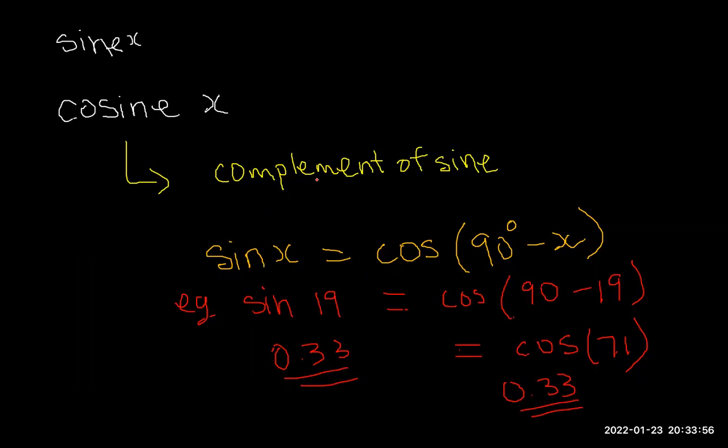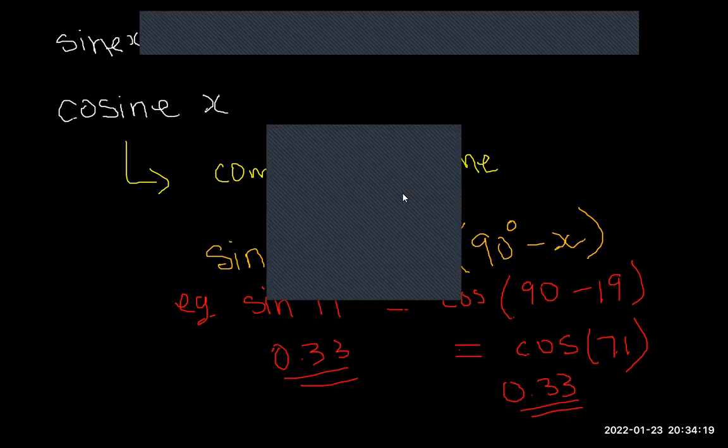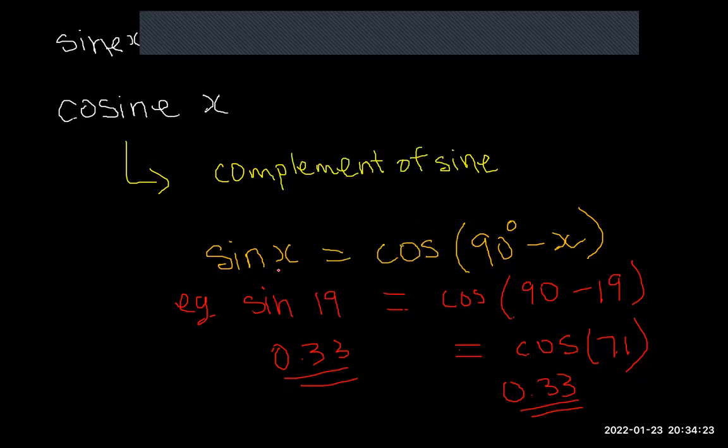Right, yeah. So just like this says, cosine is the complement of sine. So whatever angle this is, the cosine of 90 degrees minus whatever this is, I'm supposed to get the same answer.